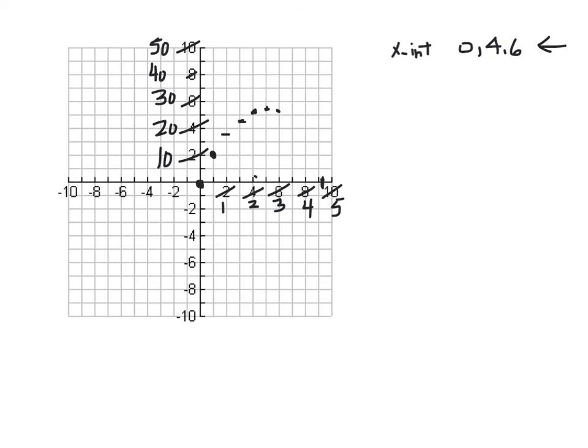And the last, when x is 3.5, y is 18.8, which is somewhere around here. Now I can connect all these points together. I can go like this, and then I can turn and come like this. So the graph looks something like this.